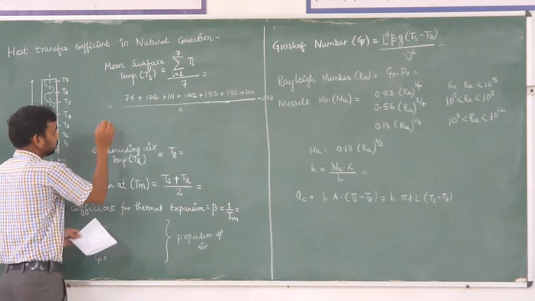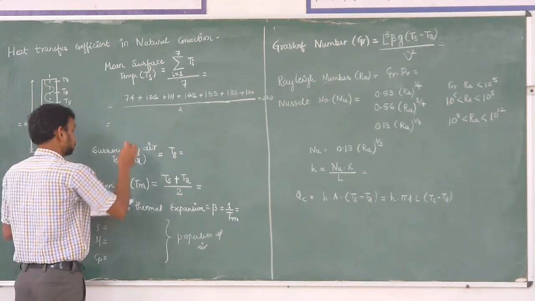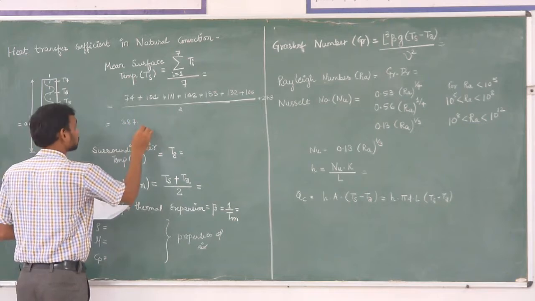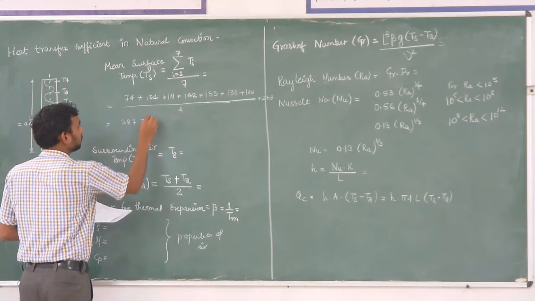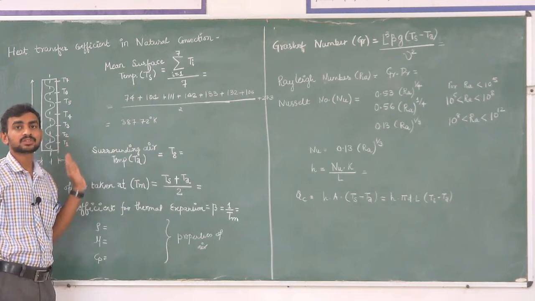So, it comes out to be 387.72 Kelvin. This is the mean surface temperature of our steel tube.